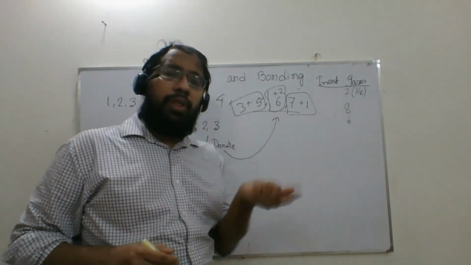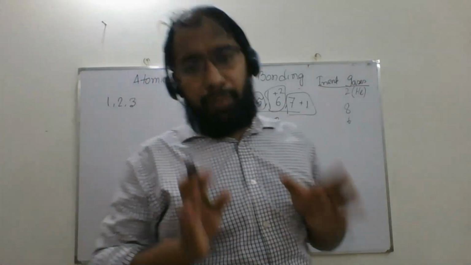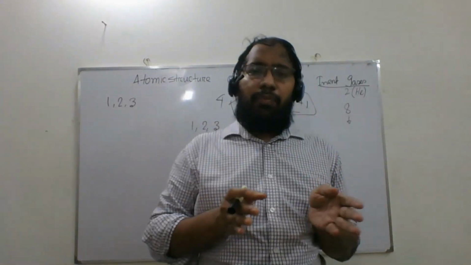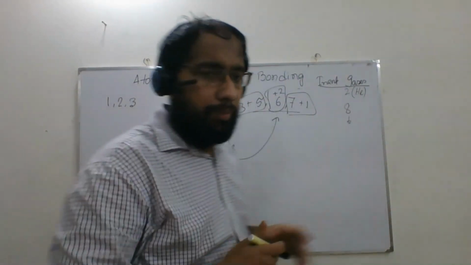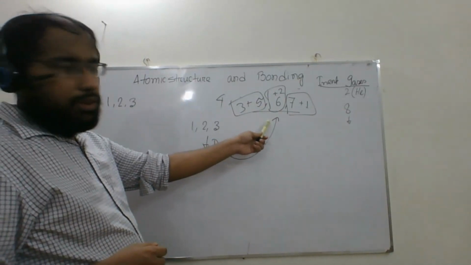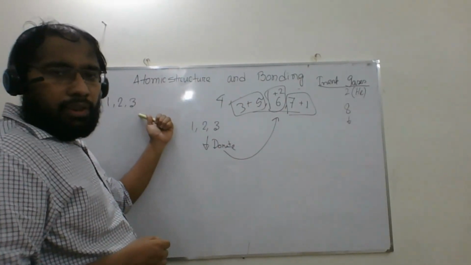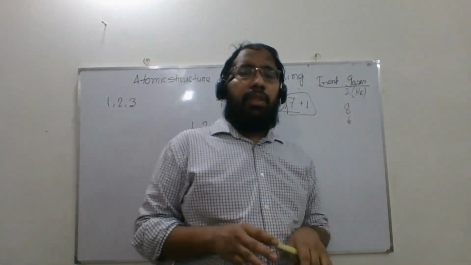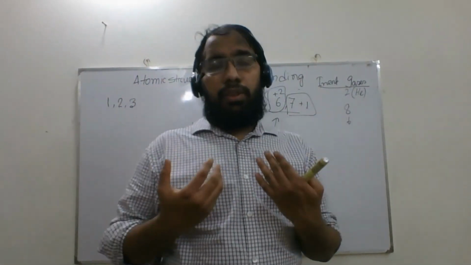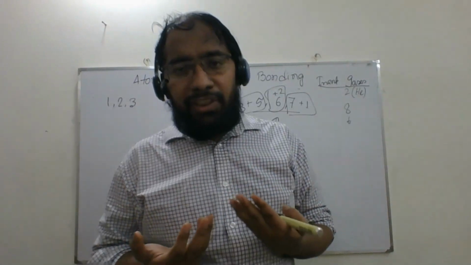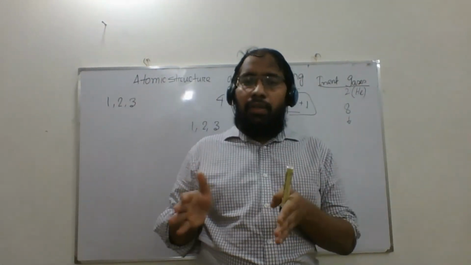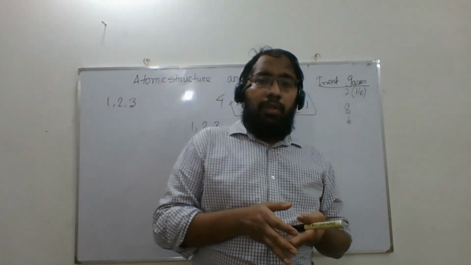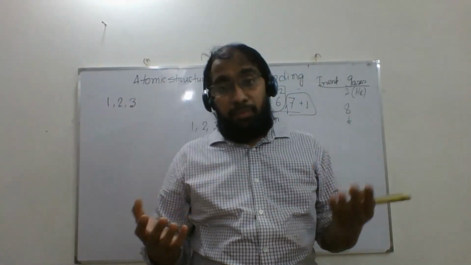Now those who donate are known as metals. Those who accept are known as non-metals. That means these are the non-metals and these are the metals. Now when a non-metal and metal try to get bonded with each other, the metal always donates electrons and the non-metal always accepts electrons.